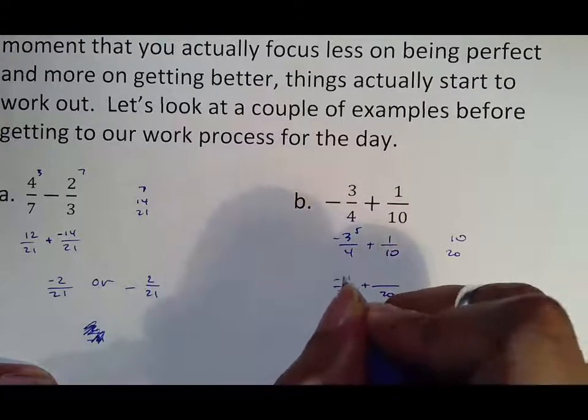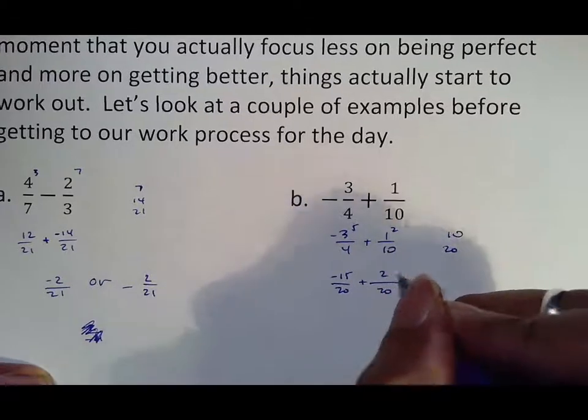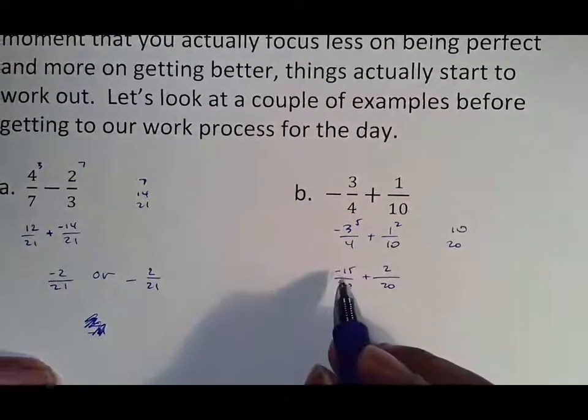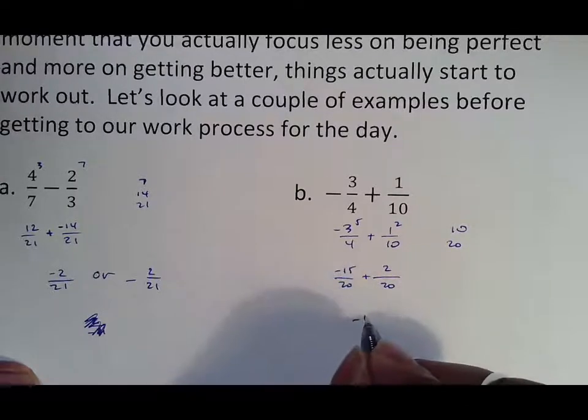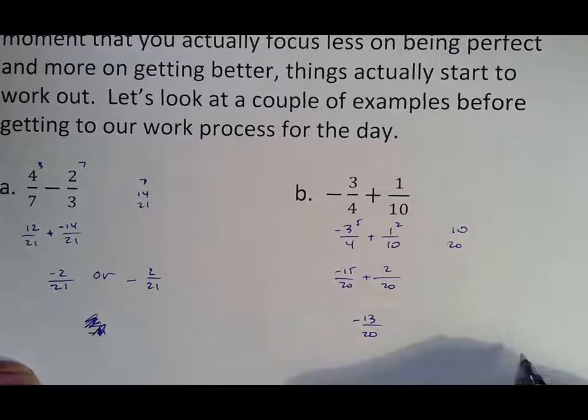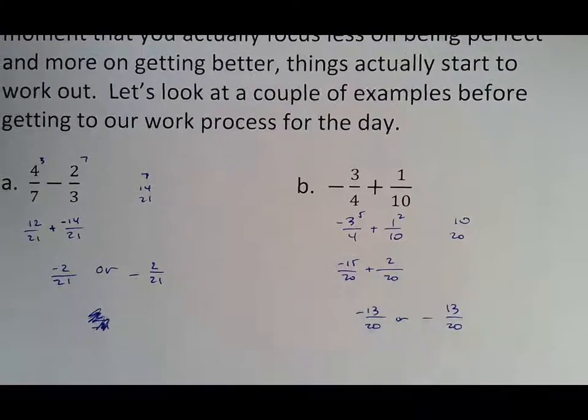Negative 3 times 5 is negative 15. 10 times 2 makes 20. 1 times 2 is 2. And again, because I moved my negative up, I'm looking at negative 15 and positive 2, which makes negative 13 over 20. Or again, you could put the negative in front. Either one of those two is fine because they are the same exact fraction.